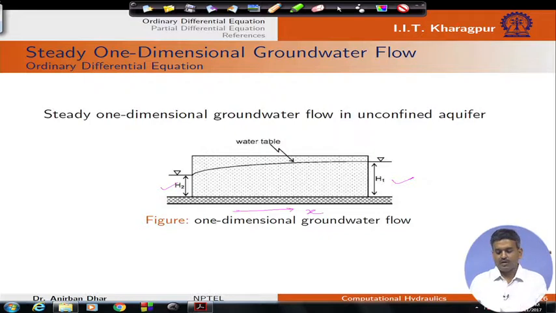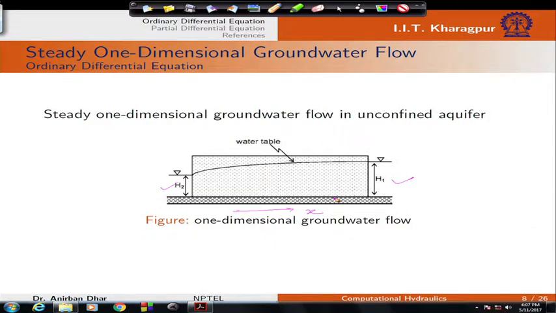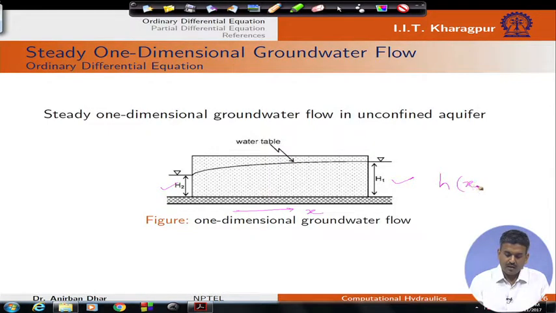That means these two are Dirichlet or specified boundary conditions, and perpendicular to this, that is the y direction, we will consider that there is no variation in that direction. So, this is basically an H of x problem. H is varying with x only, if we have constant levels of H2 and H1 with time.